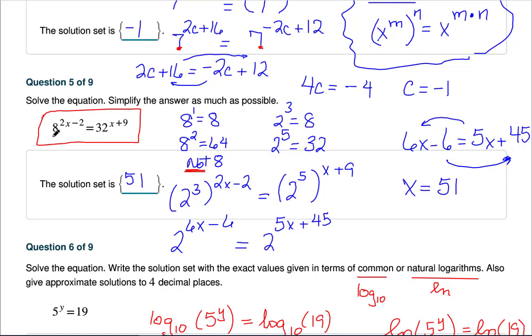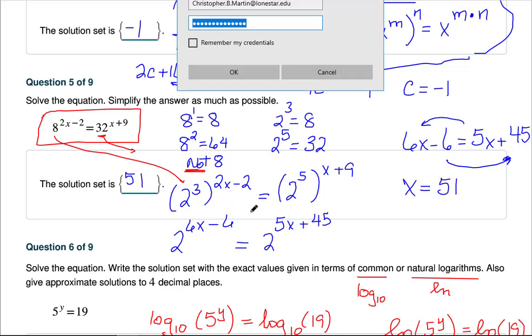So take the 8 and rewrite that as 2 cubed. Take the 32 and rewrite that as 2 to the 5th. Now we have the stacked up exponents which will multiply. 3 times 2x is a 6x. 3 times a minus 2 is a minus 6.